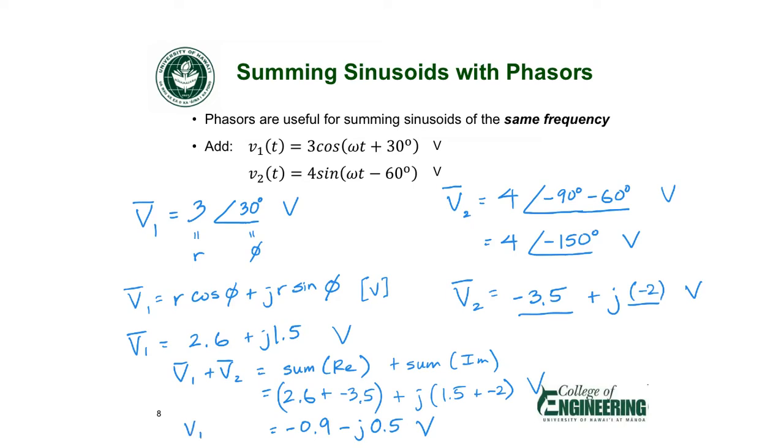Okay, so this is V1 plus V2. Any questions on that? This is just complex number math, which you should already know.